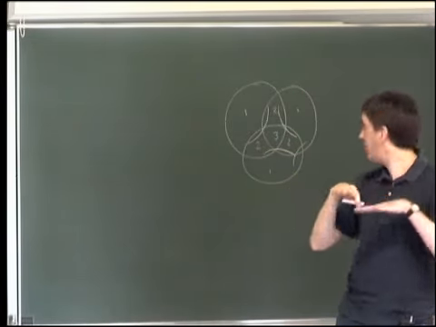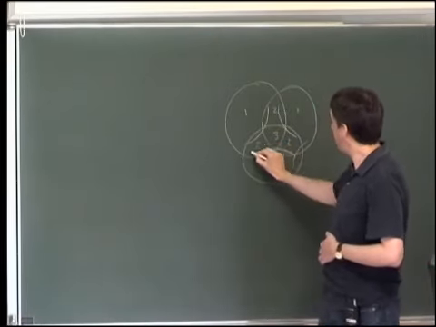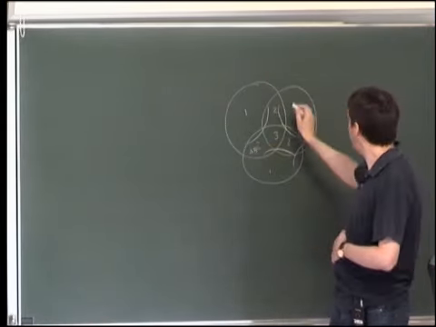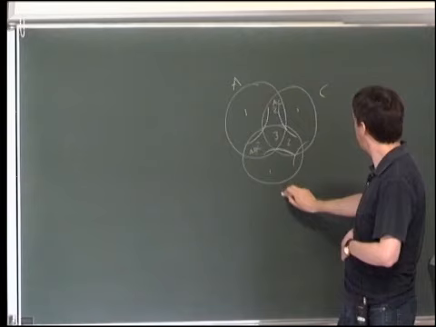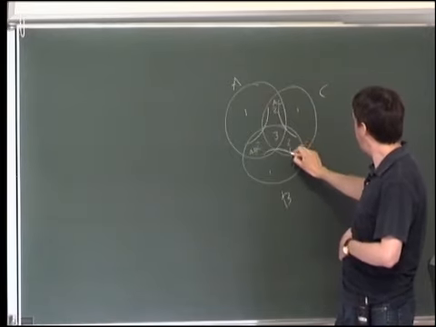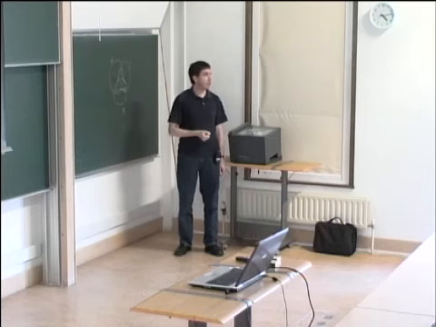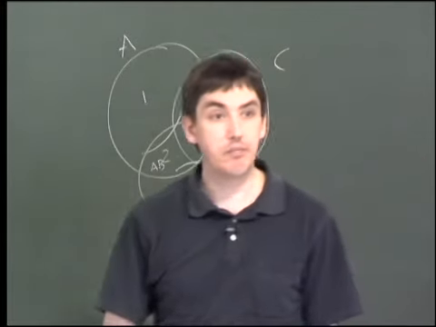But you can't partition it into 2 groups, because this region is in disks A and B, this is in A and C, and this is in B and C, and it doesn't matter how I partition A, B, and C into 2 groups, one of these regions is going to fail.